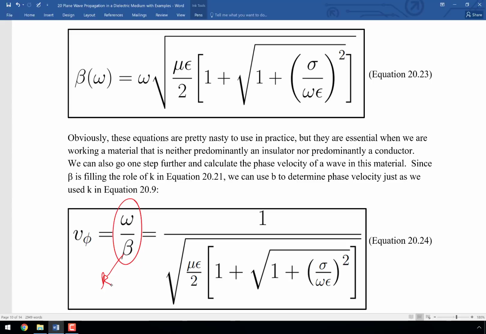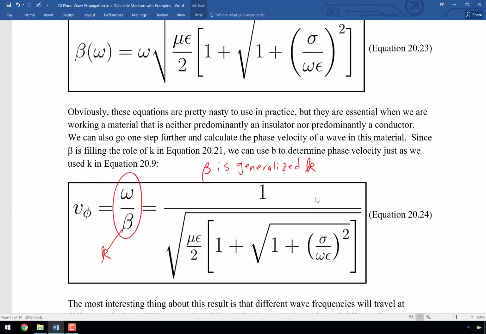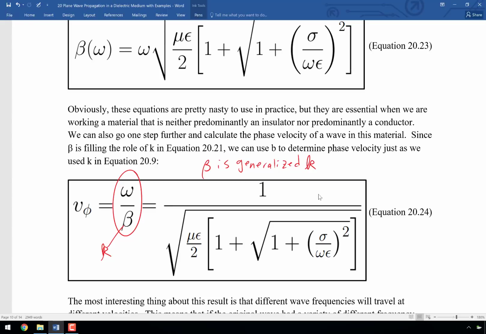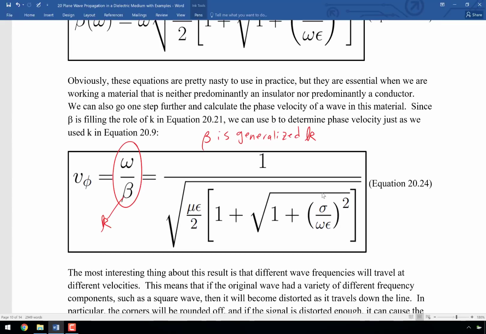Now beta is the generalized version of k, where now we have other things going on than just that oscillation, but anytime that we used to talk about k, we can now use beta in its place. So omega divided by beta is really the same thing as omega divided by k, and if we do that calculation, we end up with equation 20.24. So I can find the velocity of any frequency of wave.